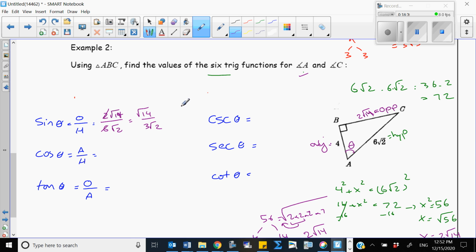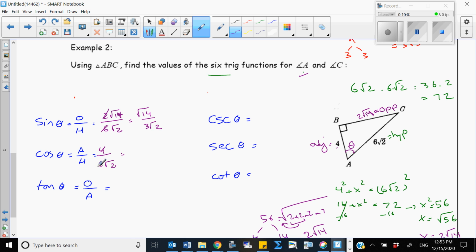As I said, you can rationalize this. To rationalize that, you multiply both top and bottom by the radical 2 that you have in the denominator, so you will get rid of that. But I'm going to keep it like this at this point. Cosine is adjacent over hypotenuse, so it's 4 over 6 radical 2.